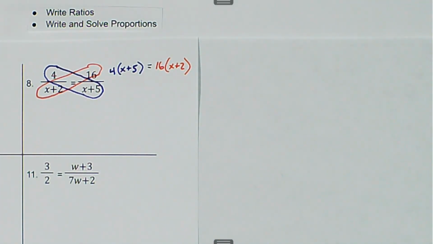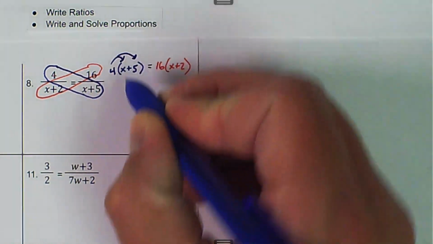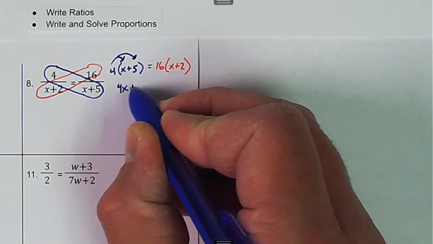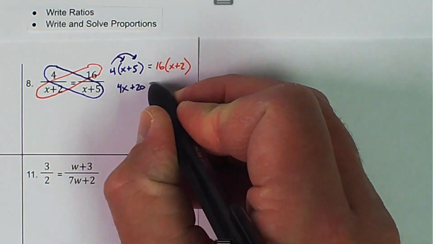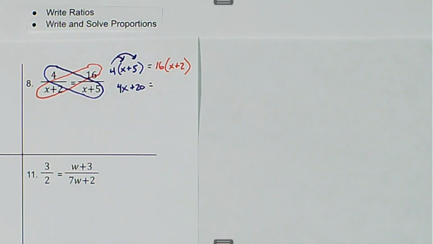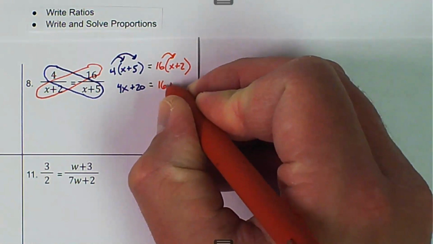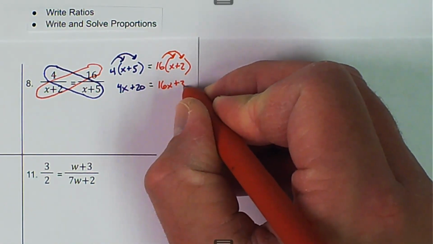And the first thing we want to do is distribute into our parentheses. So 4 times x is 4x, and 4 times 5 is 20. Then we have 16 times x is 16x, and 16 times 2 is 32.